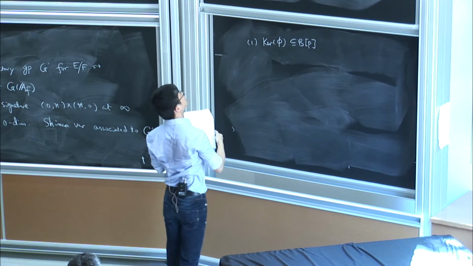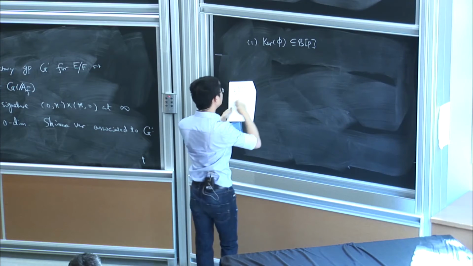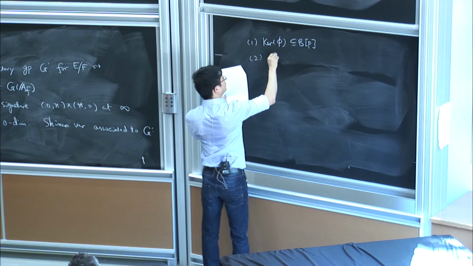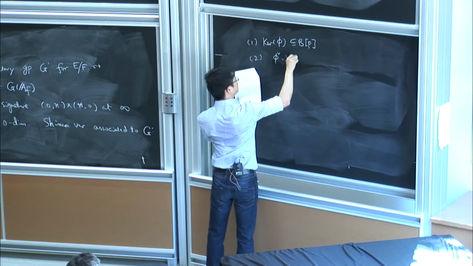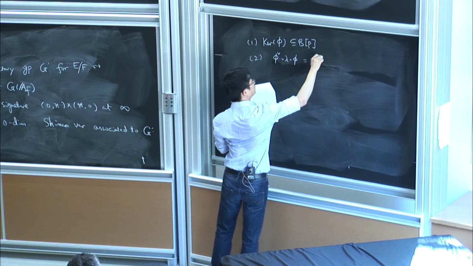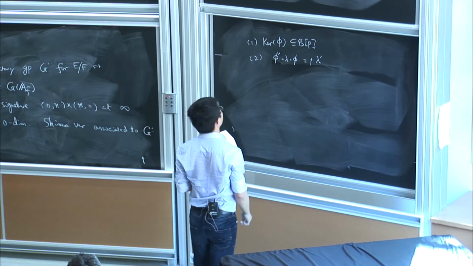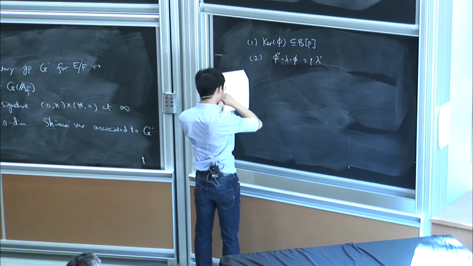suppose that its kernel is contained in the p-torsion, and it's compatible with the polarization lambda.